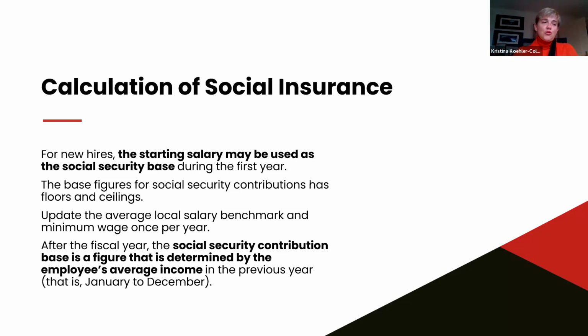Social Security contributions have floors and ceilings, meaning the floor is minimum wage, so minimum wage is the minimum base that you're going to use. The ceiling is capped, and that increases every single year. Usually between June and August, the government will come in and say, we are changing the caps, and it never goes down. It's always going up. And I'll show you what that cap is in Shanghai through the simulation.